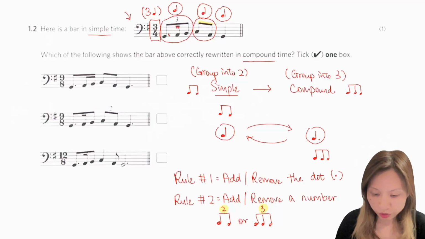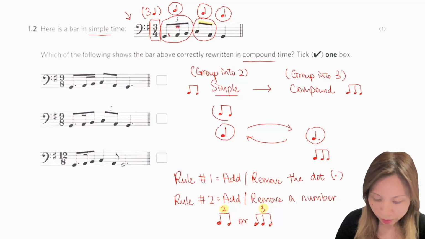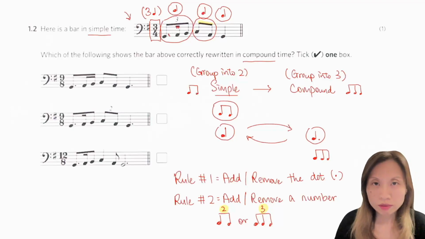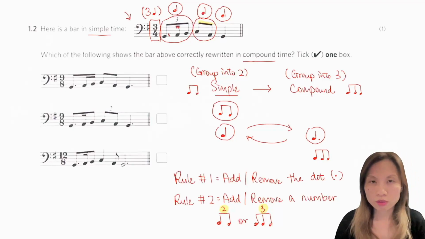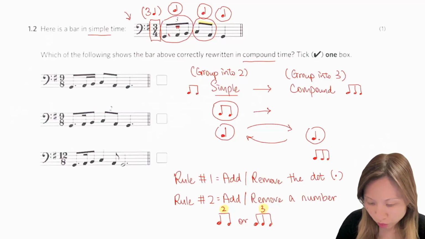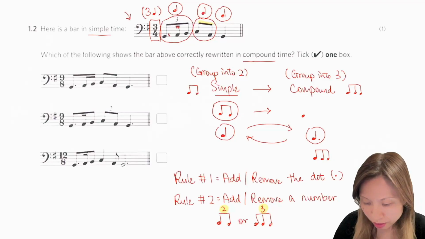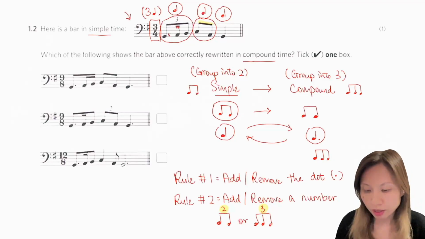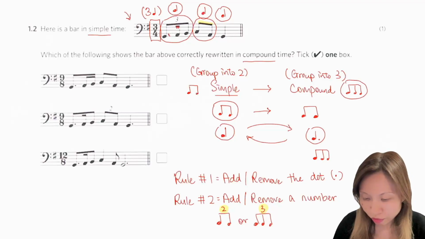Okay, so when you think about it, right, in simple time, this is how the notes will be grouped together. They're grouped into 2. If you want to keep the same rhythm, just boom, boom, 2 quavers like that, when you change it to compound time, it doesn't make sense to have this because there's no such thing like this in compound time because everything should be in 3, right?